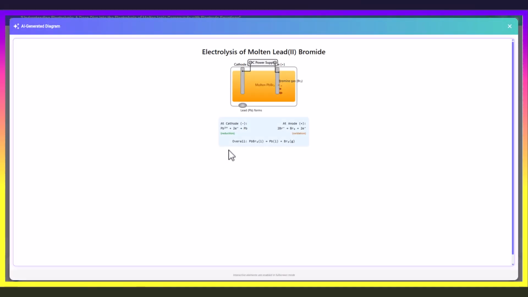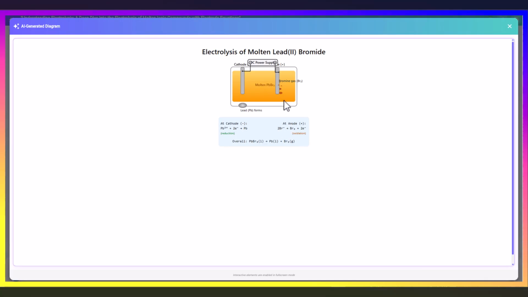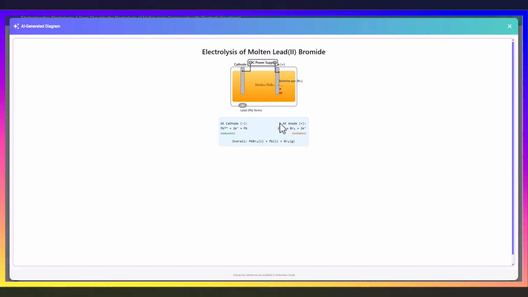Let's have a look. So you've got the bromide ions in the liquid, and I guess the anode is providing a platform on which the bromide can give the electrons away as it's losing them, and that's oxidation, and in losing them forms the actual gas, which is the brown circles here, so you'll see bubbling.